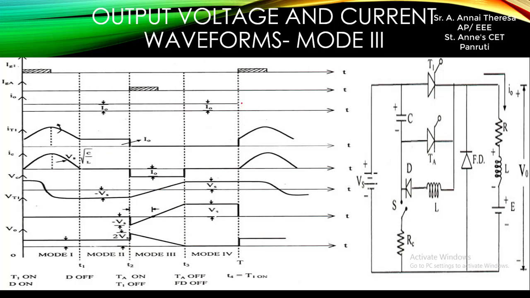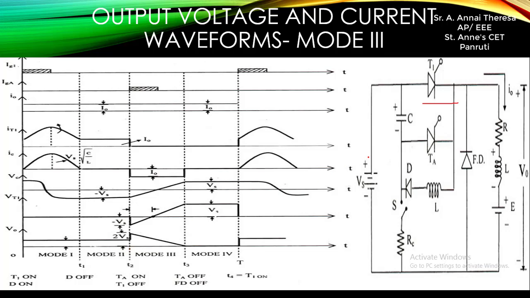Next we can see mode 3. In mode 3, the main thyristor should be turned off. For that, the auxiliary thyristor TA is triggered at instant T2.